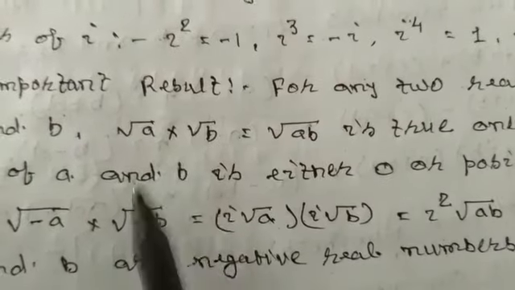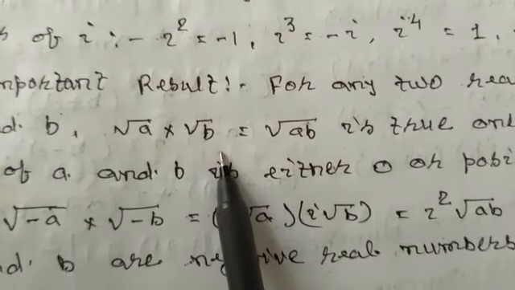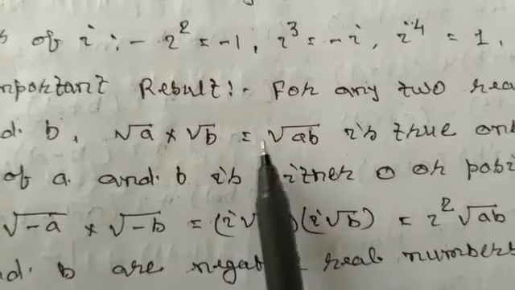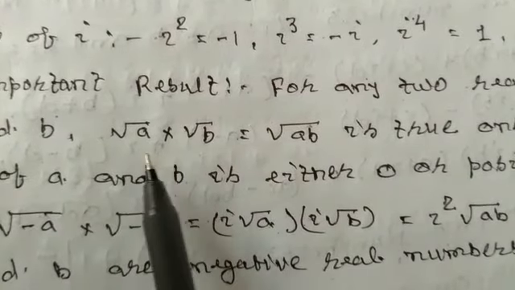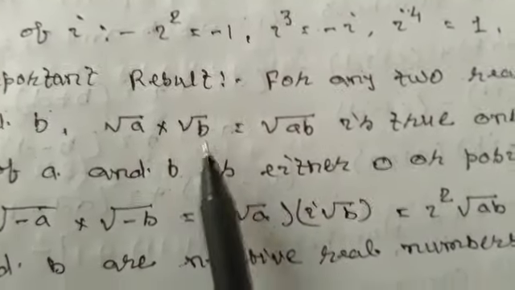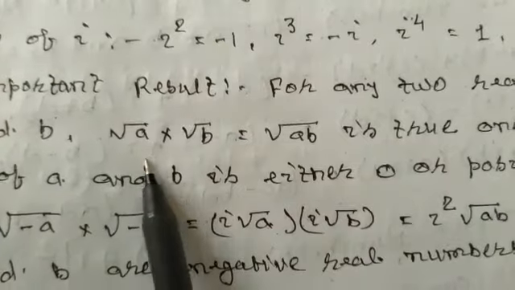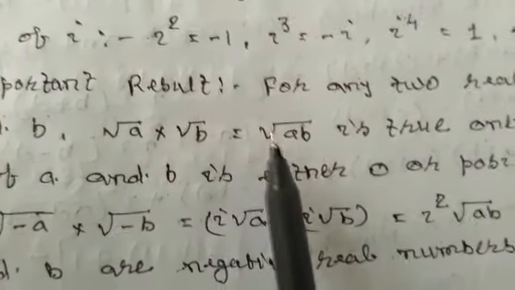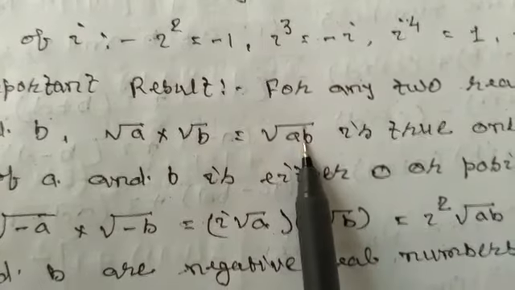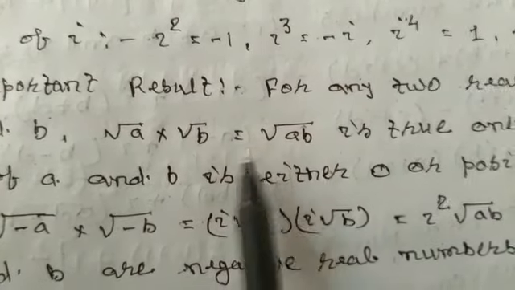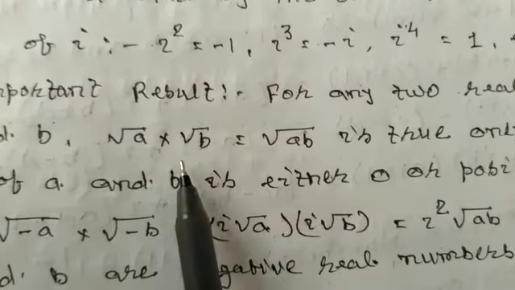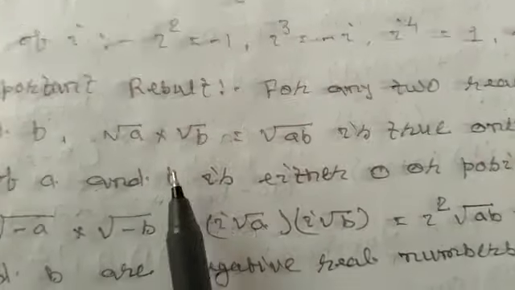It means that under root a into under root b will be equal to under root ab only when any one out of a or b is either 0. When you take a equals 0, then its product will be 0, and on the right side also it will be 0, or any one taken as a positive integer.